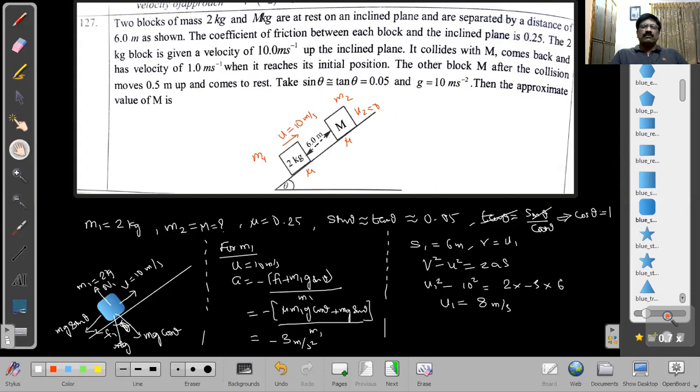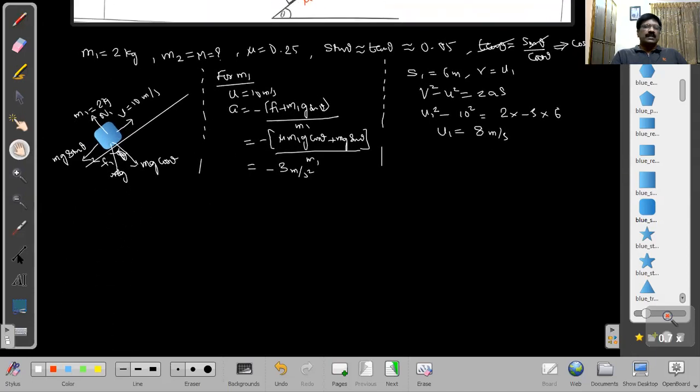Okay, in case of the second block, suppose this is the second block, of mass capital M, that is equal to question mark, we have to find. Initially, whenever the first block makes collision with the second block, the initial velocity of the second block is 0 only.